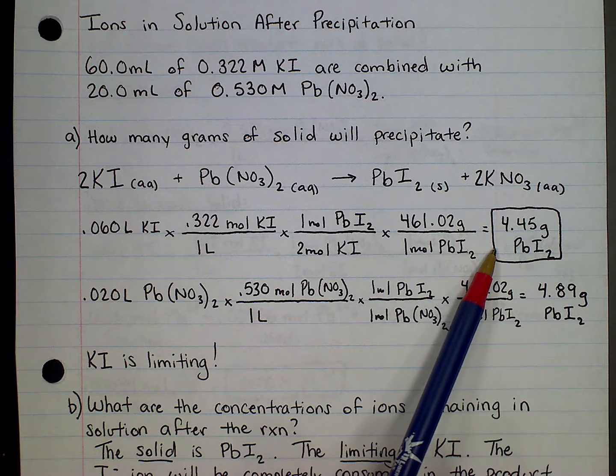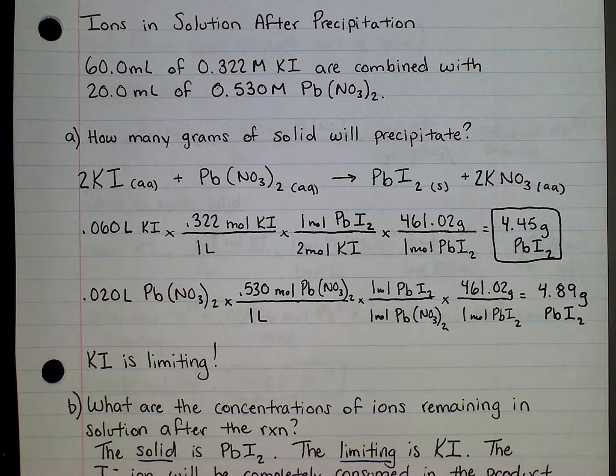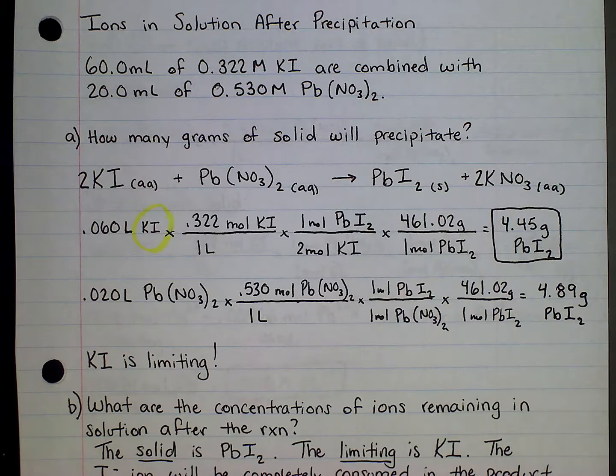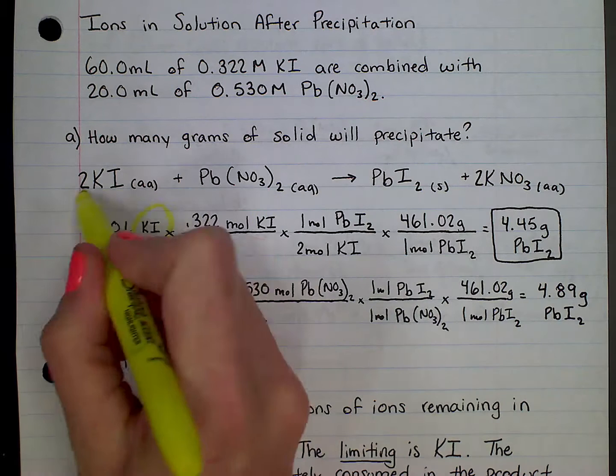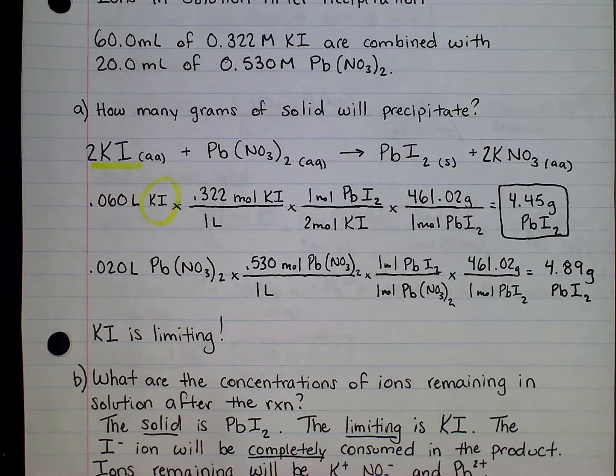First is how much solid precipitate will form, and we can look back at what made that smaller amount, and it's KI. So that's a really important piece of information because now we know that potassium iodide is the limiting reactant. Okay, so this is really important information to keep in mind for the next part of the question.